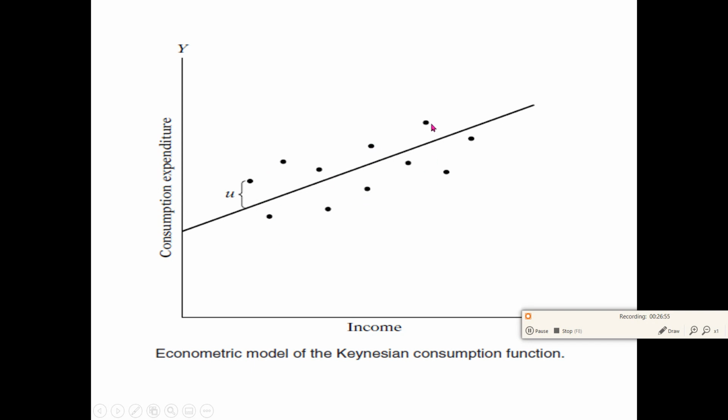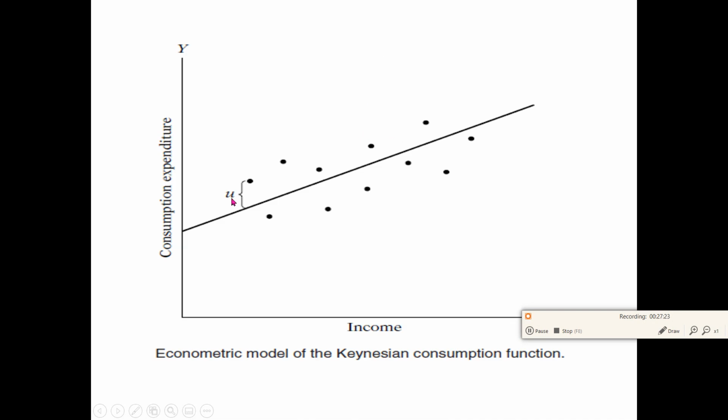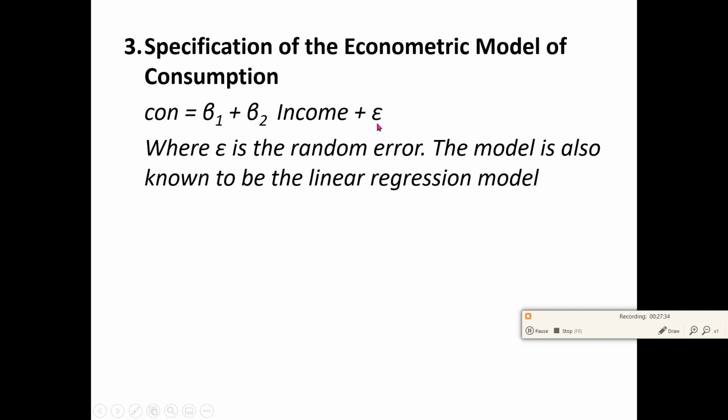These are actual pairs of consumption versus a given value of income. So why the difference? Of course, no prediction can be 100% accurate. So if this is the actual consumption and you are predicting this, then this difference is the residual or the random error part, which here I have represented by epsilon or u. These are different terminologies in different textbooks. Sometimes the random error is expressed by u, and sometimes by the symbol epsilon.